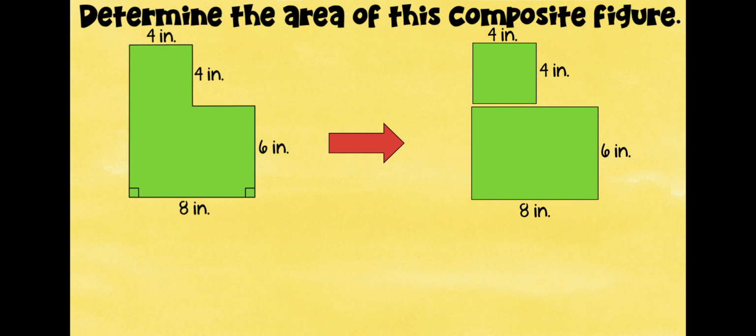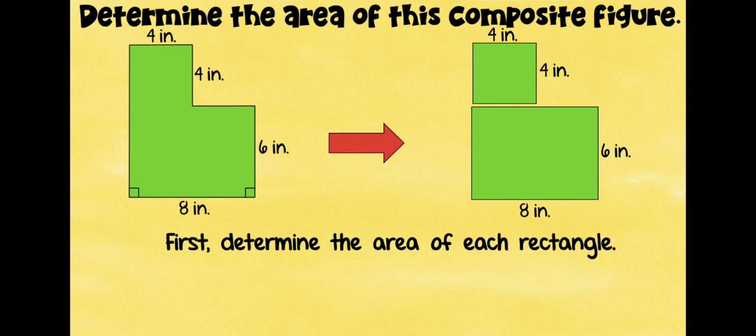So pause the video and find the area for those two shapes. When you found the area for those two shapes, 4 times 4 should get you the area of 16. And then for the bottom, 8 times 6, that should get you your area of 48. So our last step is to put those two areas together.